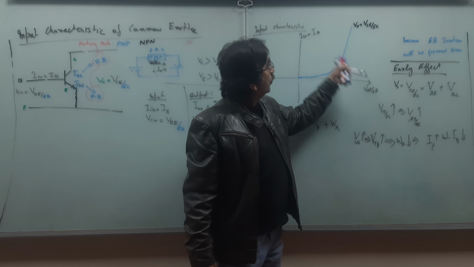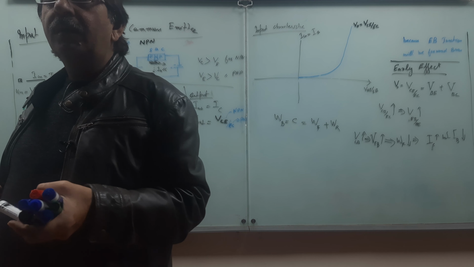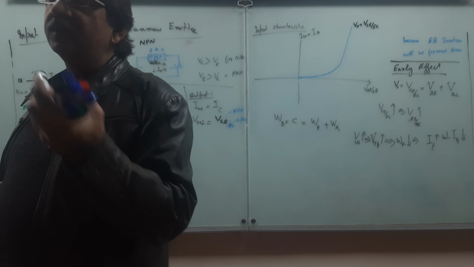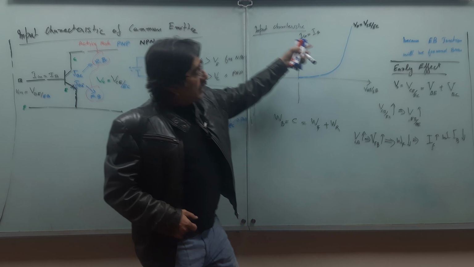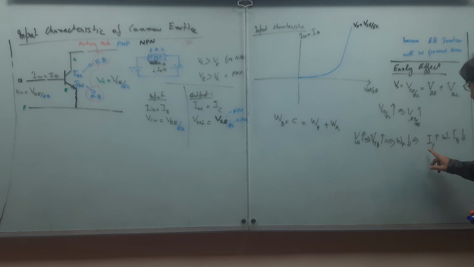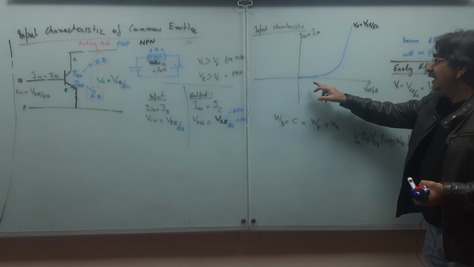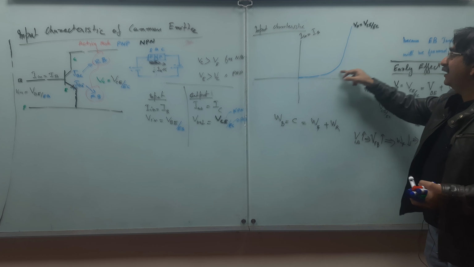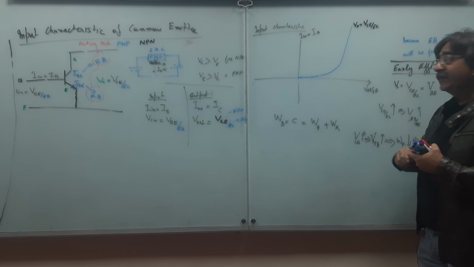the input voltage compared to input current. Input current is the base current, and base current is decreasing. So if you are increasing the CB, then the current will decrease, and that will move toward this, and vice versa.